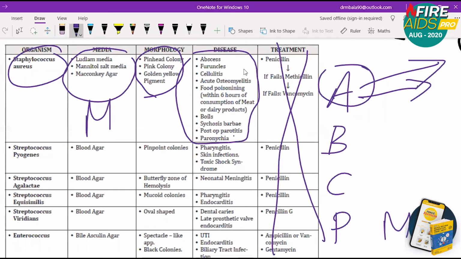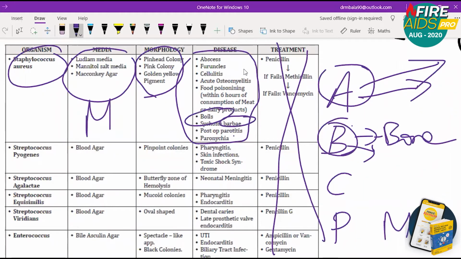A is for acute osteomyelitis. The same you can remember for B, that is bone. B is for bone. The same acute osteomyelitis can also be in bone. B is for boils. B is for barbae, sycosis barbae.